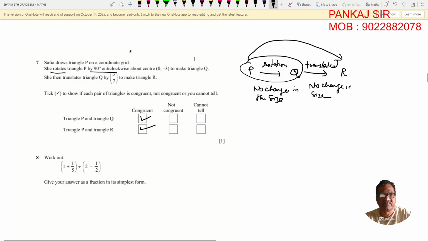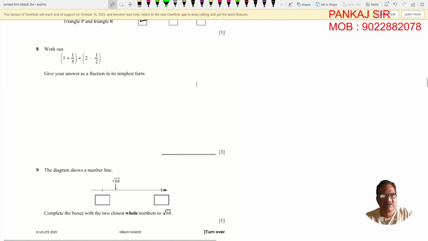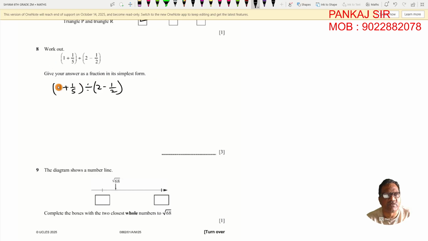Next question. Work out 1 plus 1 by 5 divided by 2 minus 1 by 2. Give your answer as a fraction in its simplest form. So he wants the answer as a fraction, and that too in the simplest form.